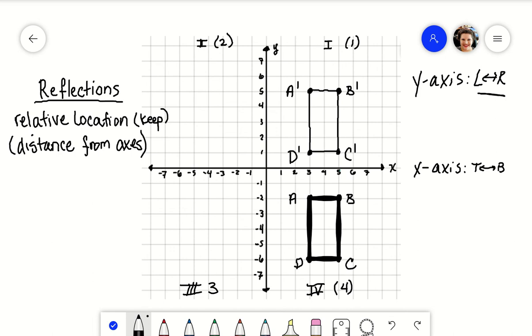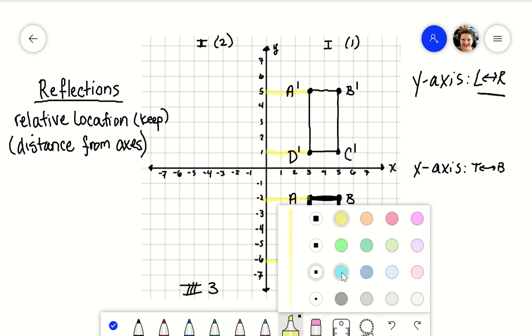Well, you definitely want to look at the relative location to the axes, and you want to look at relative location within the shape itself. The first thing I notice is that point A is 1, 2, 3 spaces from Y, and it's also 3 spaces from Y here, which is good. All of the points on this side are 3 spaces from Y. That's a pretty good start.